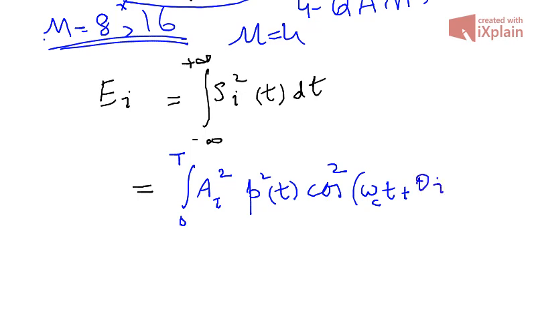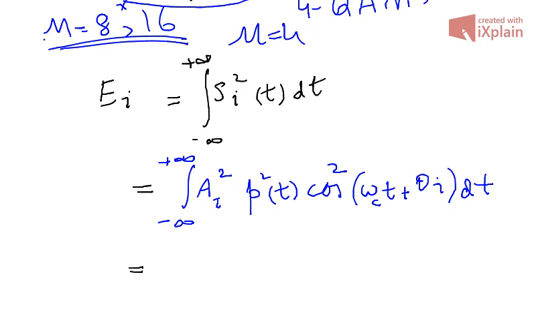So this was A_i p of t cos, and we are just squaring that expression. Let me erase these limits, and I'll tell you another point here. You can put it as minus infinity to plus infinity.